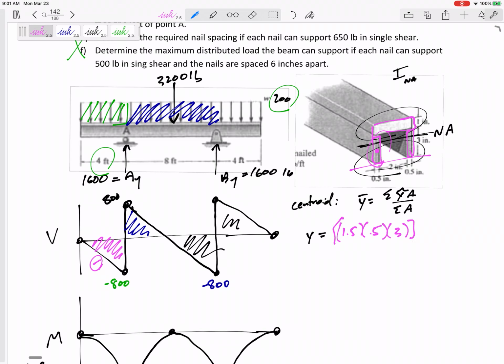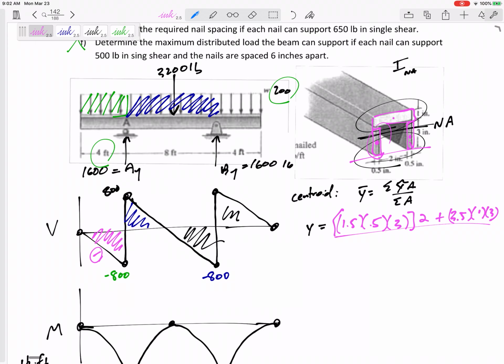That's exactly the same as this other shape, so I'll do that one and multiply it times 2. And then the top one, its location of its centroid would be 3.5, and its area, 1 by 3.